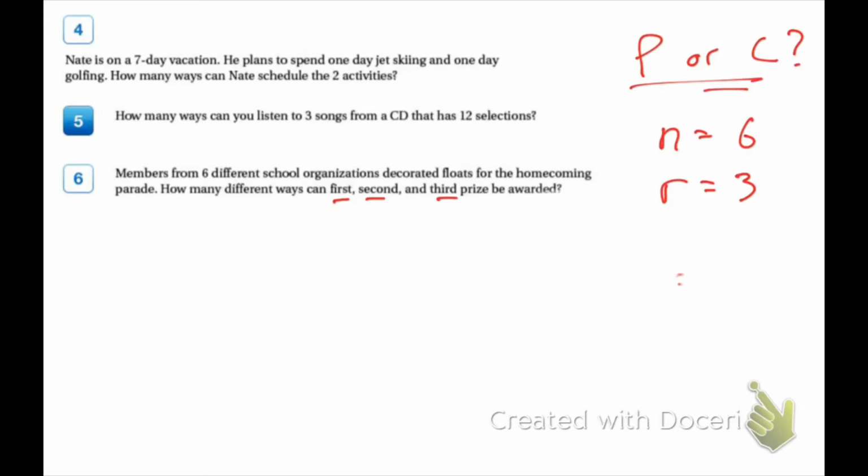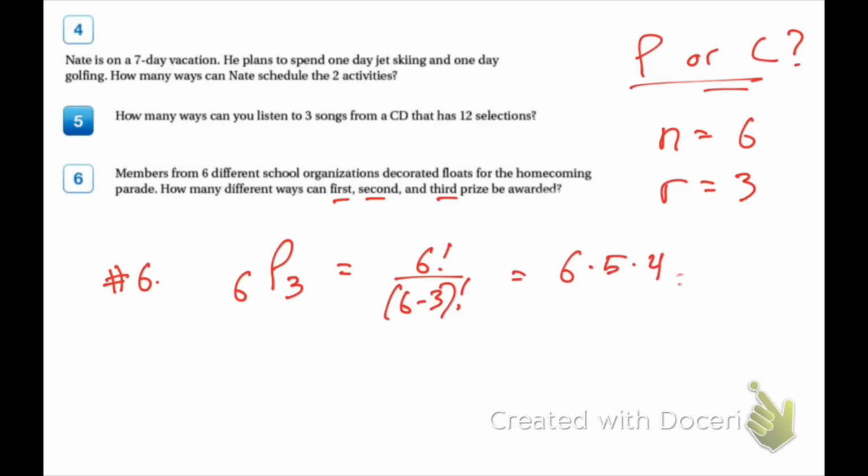Now, is this an arrangement or a grouping? Well, first, second, and third, that's in specific order, so this would be an arrangement. We have a permutation. So number 6, we would have 6P3, which gives you 6 factorial over 6 minus 3 factorial, 6 times 5 times 4 times 3 factorial over 3 factorial, so 6 times 5 times 4.